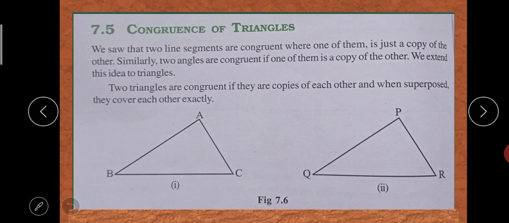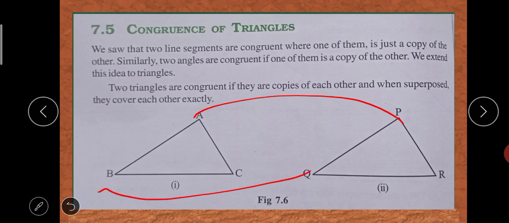So to see this, we have to write triangle ABC and triangle PQR. When you are going to trace it, P will fall on A. That means you have to place P on A. In the same way, Q will fall on B, and R will fall on C. Then PQ falls along which side?